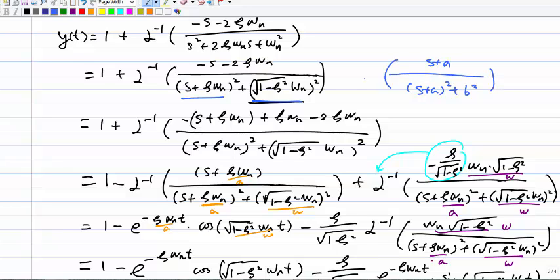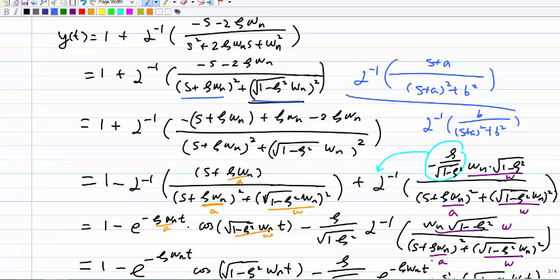Now, if I do L inverse of this guy, it appears in the table. Or if it's L inverse of b over s plus a squared plus b squared, you can also have something like this. This is something you can figure out from the table.